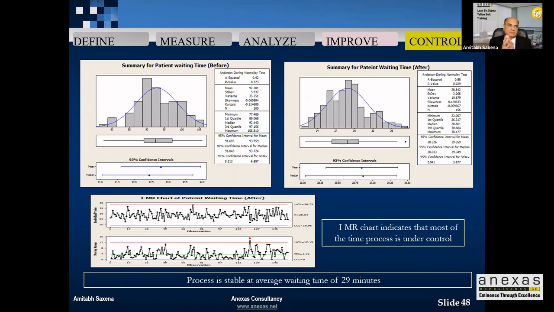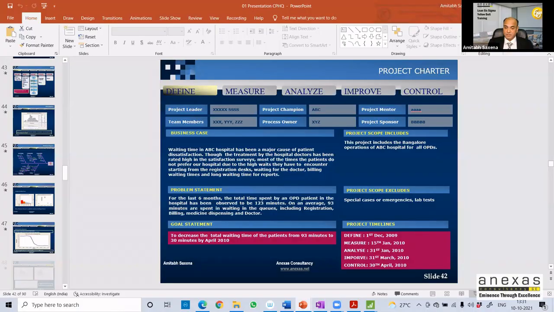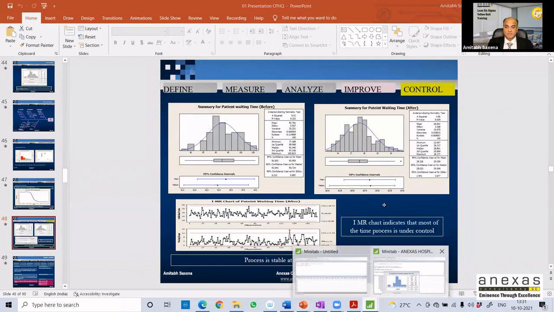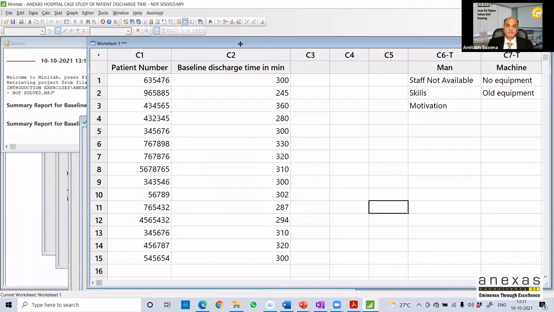It's not like you improve the process for say 1 or 2 months and the people go back to old habits. You should be able to sustain the gains. So this is a typical DMAIC project. That was a short version of a DMAIC project. Now let me show you the longer version of the same project which I was showing here.